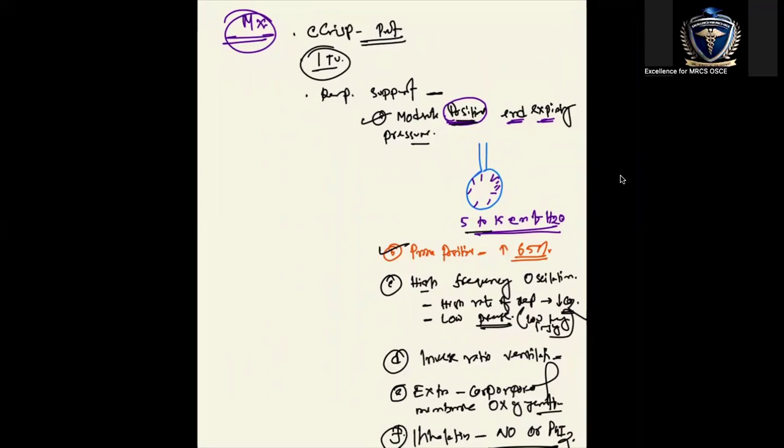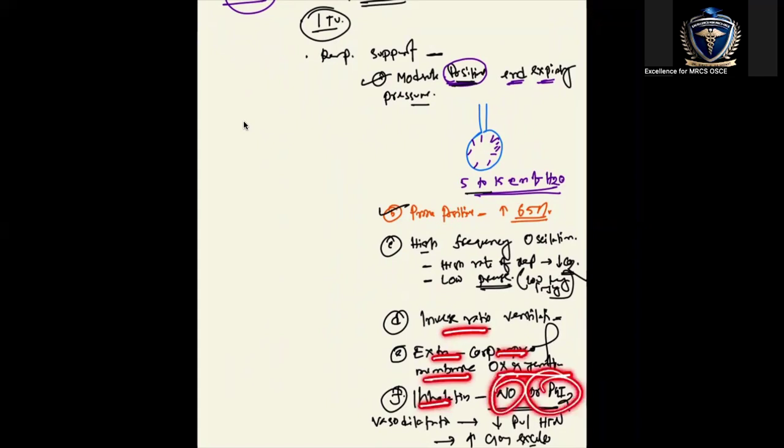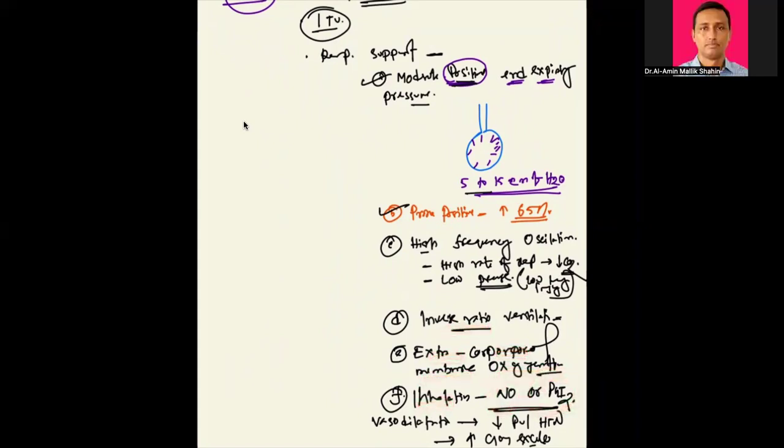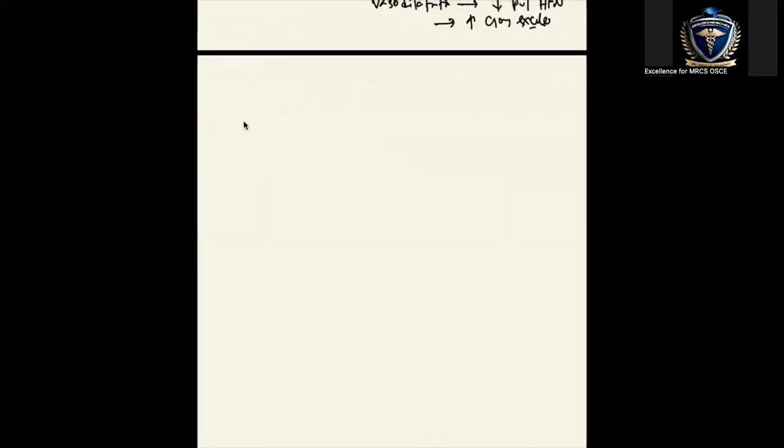The patient should be in prone position, with high frequency oscillation, increased respiratory rate, inverse ratio ventilation, extracorporeal membrane oxygenation, and inhalation of nitric oxide and prostaglandin I2. Exactly.